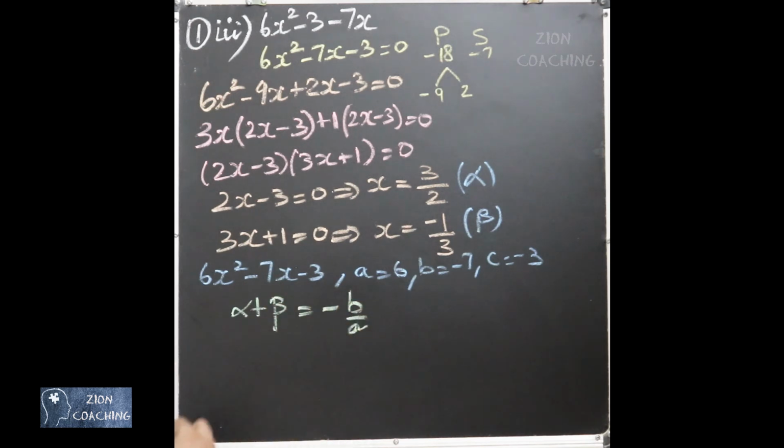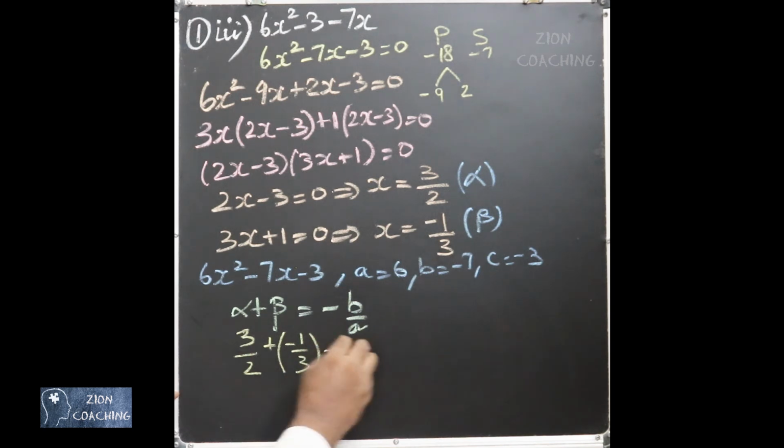The alpha value is 3 by 2, so 3 by 2 plus beta value minus 1 by 3 equal to minus of b value, minus 7, divided by the a value, that is 6.